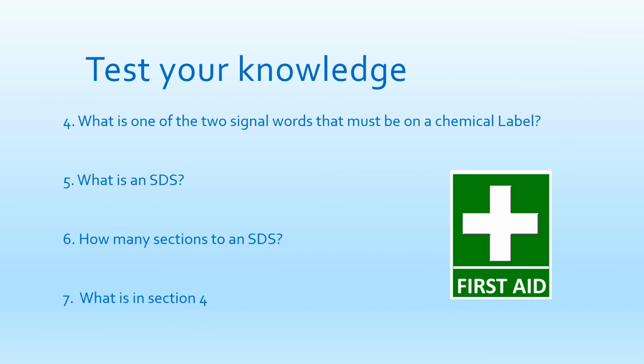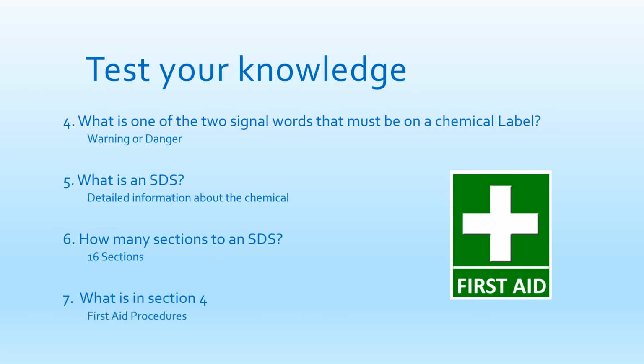What is one of the two signal words that must be on a chemical label? Warning or danger. What is an SDS? Detailed information about the chemical. How many sections are in an SDS? There are 16 sections.